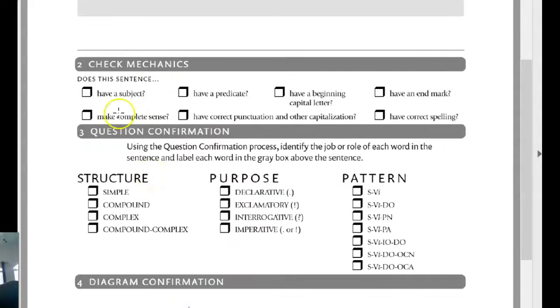Then, so we copied that sentence over. We checked the mechanics. Of course, everything's correct because this is a sentence that is from published work, so it should have correct punctuation and it should start with a capital letter. Then we answered structure and purpose. These are from that sentence chart, so if you don't know what these mean, go back and look at the sentence chart.